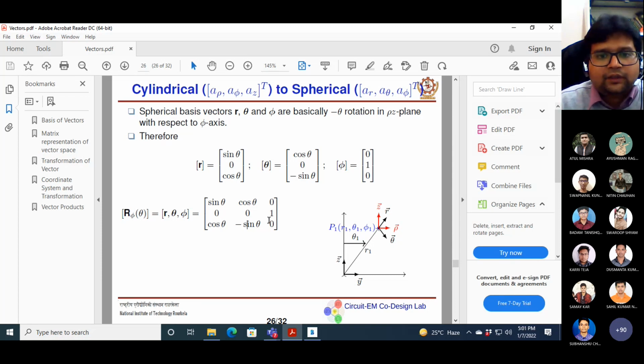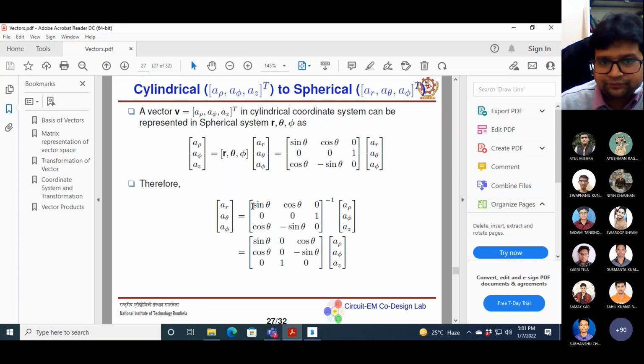This is the relationship that A rho, A phi, and A z equals the rotation matrix times A r, A theta, and A phi.